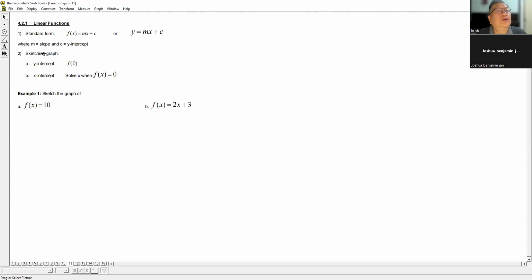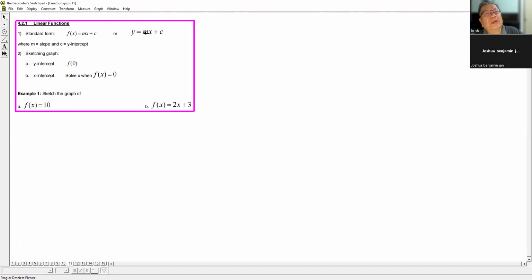Okay. So the first type of graph that they want you to know how to draw is the linear equation, is the linear function. And it is shown as f(x) equal to mx plus c. Right? Then I think your lecturer typed out this one, y equals to mx plus c.